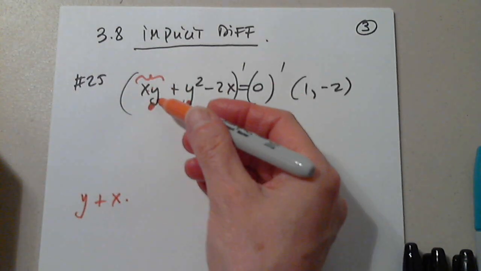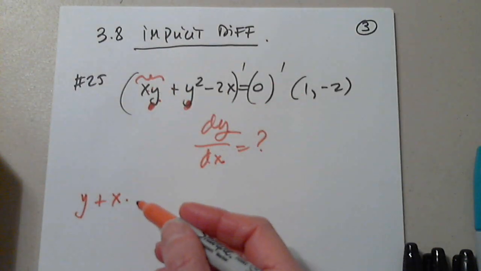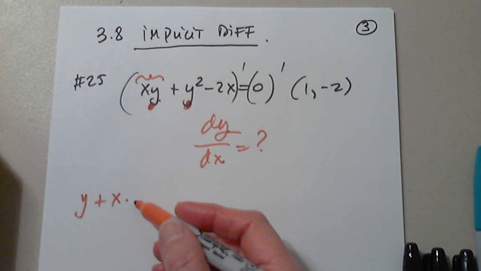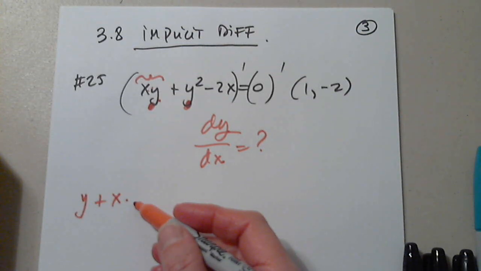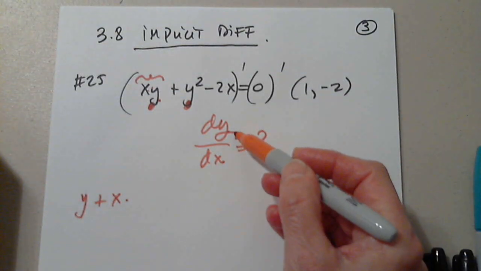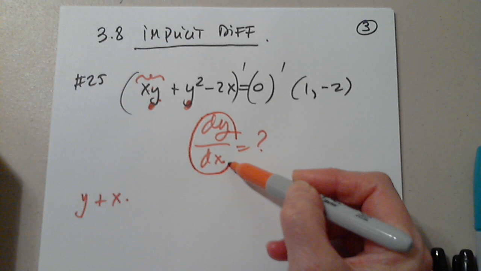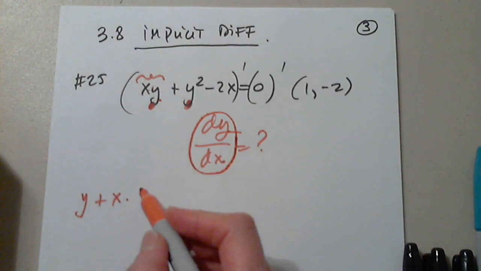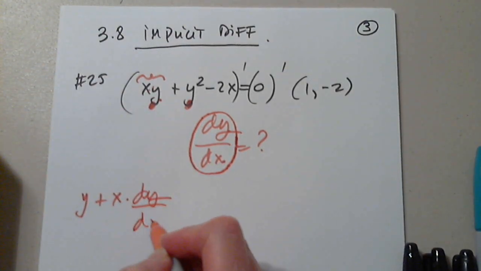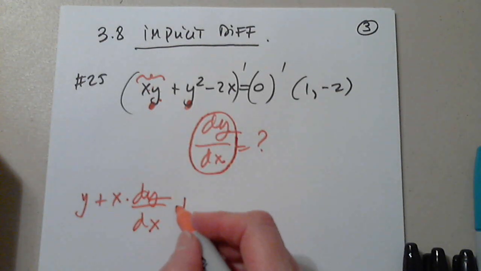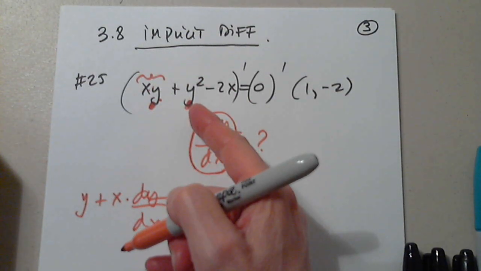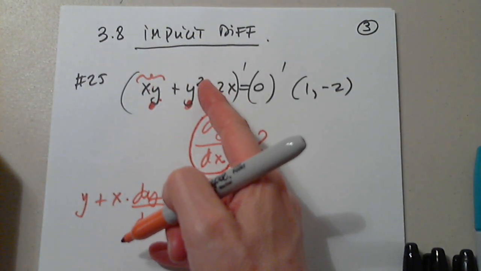What should we write for the second function prime? XY, dy over dx plus. Can anyone differentiate this function squared?